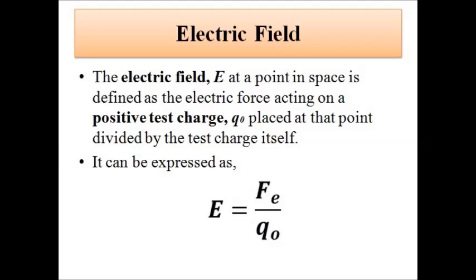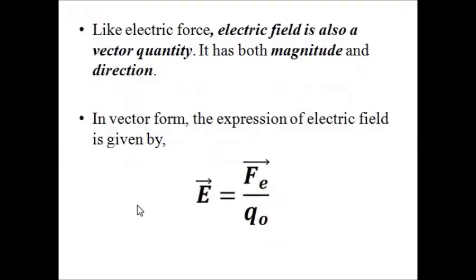Here both the positive test charge and the electric force of repulsion come into play. We know that electric force is a vector. Similar to that, the electric field is also a vector quantity. It has both magnitude and direction. We need both these things to define an electric field.